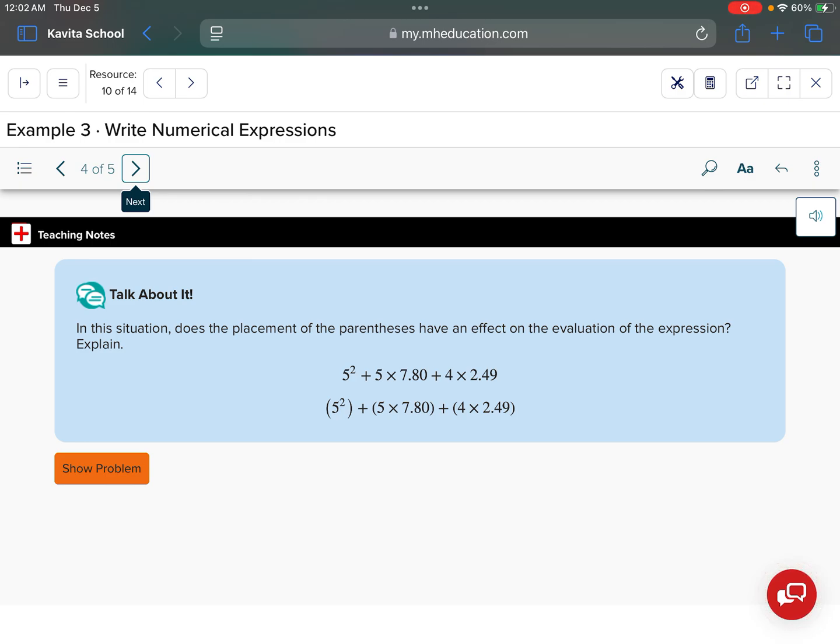That again is what is inside this parentheses. And the same for the last part of the expression. Though we have an addition, we have a multiplication which gets evaluated first. So that would be 4 times 2.49. So irrespective of whether you have the parentheses or not, as we follow the order of operations, our exponent is going to get evaluated first, followed by the multiplication, and lastly the additions. So in this case, it does not affect the value of the simplified expression.